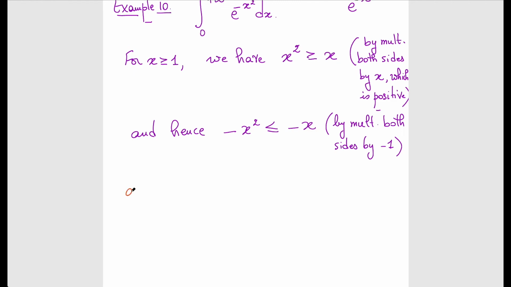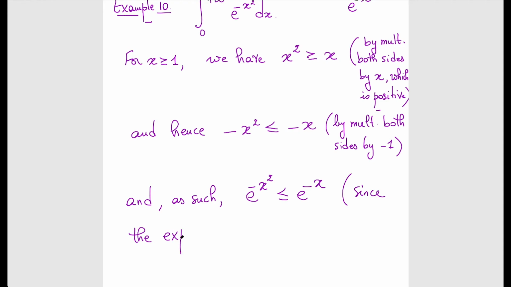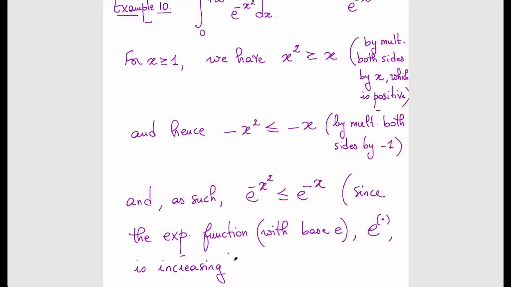So therefore, e to the power negative x squared is less than or equal to e to the power negative x, since the exponential function with base e, e to the power y or e to the power z, is increasing, correct?